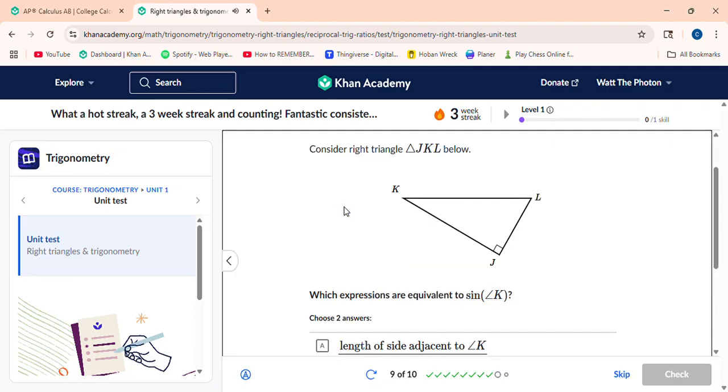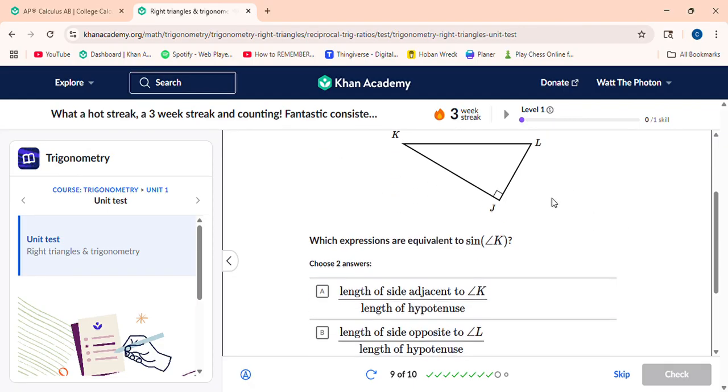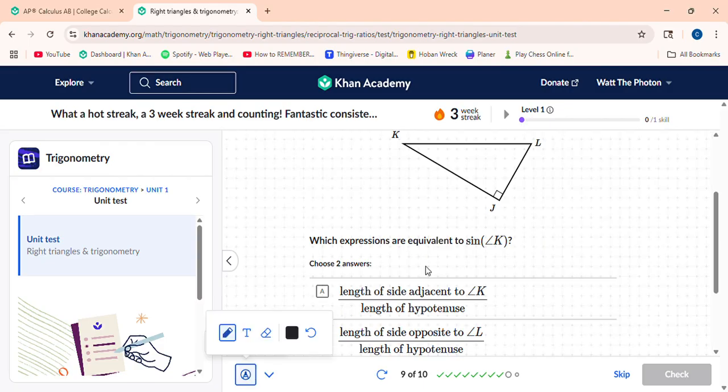Yay. Consider right triangle JKL. What expressions are equal to the sine of K?